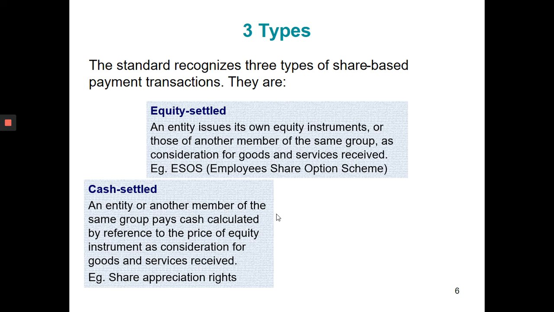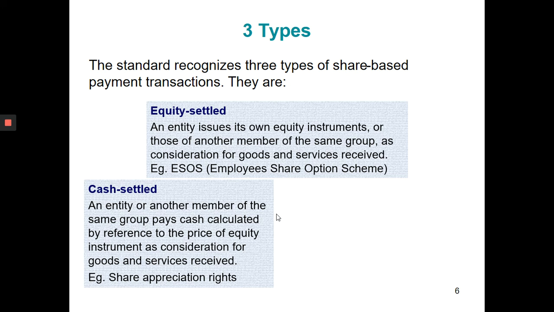If we look from the employee's context, if equity settle, at the end of a certain period, they will receive the company's ordinary shares. So when the employees receive company ordinary shares, one, they become owners of the company. Two, if they want to make a profit, they can sell or they can keep the ordinary shares in order to gain a dividend or wait for the share price to go higher.